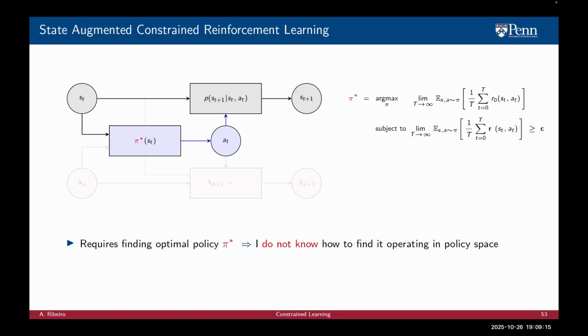What we would like to do is to find this policy pi star, the one that solves this optimization problem. That I do not know how to do. I would like to say that nobody knows how to, but that would not be entirely accurate, because I could solve this problem in occupancy measure space, for example. But if you want to operate in policy space, we do not know how to solve this problem.